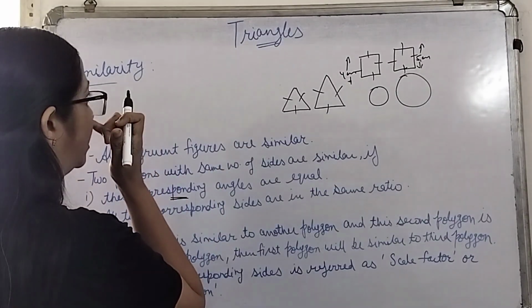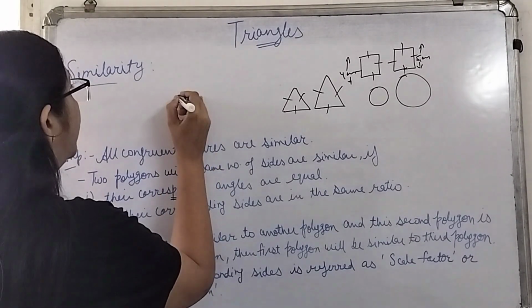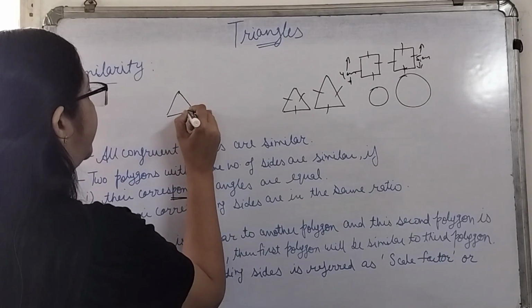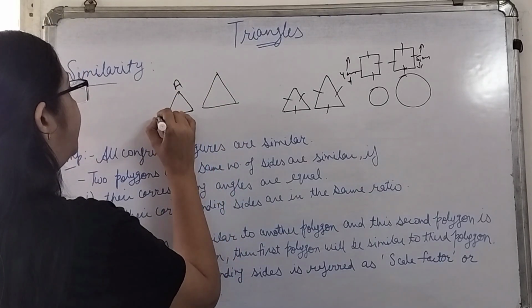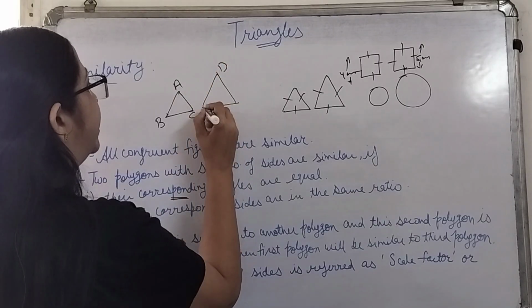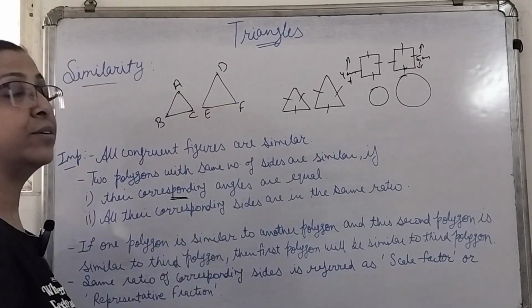Suppose I am talking about triangles only, not an equilateral triangle, and I am saying ABC and DEF. These two are the triangles.